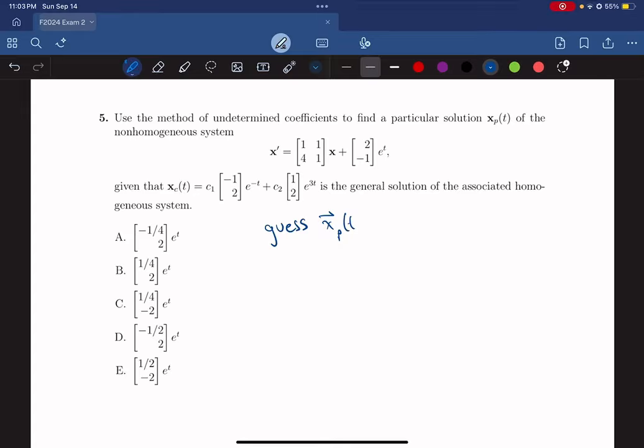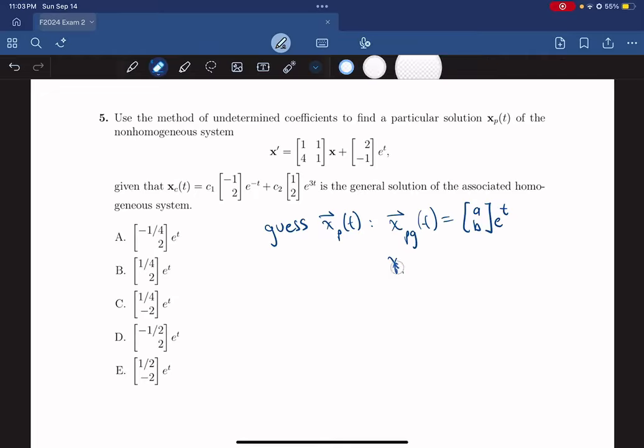So we have xpg of t, g as in guess, and so we have a constant times e to the t, which means our guess is going to be something like a, b times e to the t. And from that, we're going to take the derivative once.